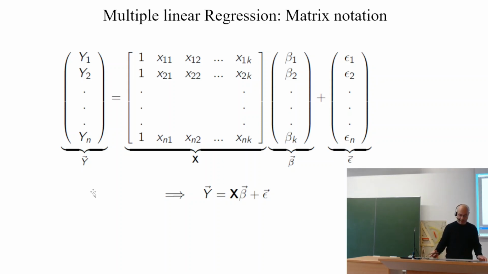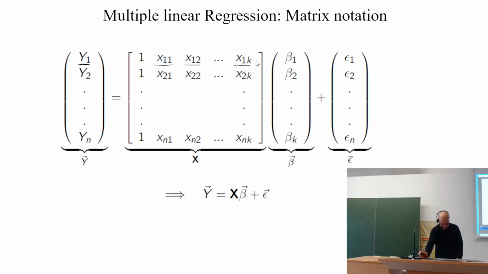Because then we say, well, we have, for example, our first year. This is, for example, the visits in the first year. This is the volume of our marketing budget, and this is maybe the number of our branches.